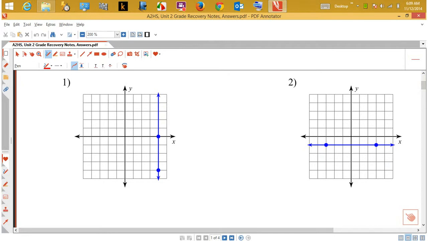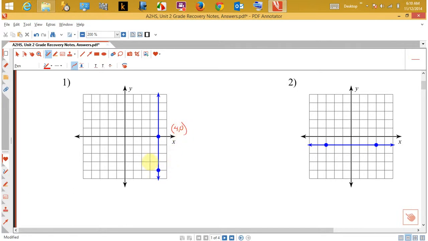This first line is a vertical line, and so the vertical line should have a slope that is undefined. Just to prove that, I will work the problem, so we have a difference of the y's. Let's just pick two coordinates here. This coordinate here is 4, 0.